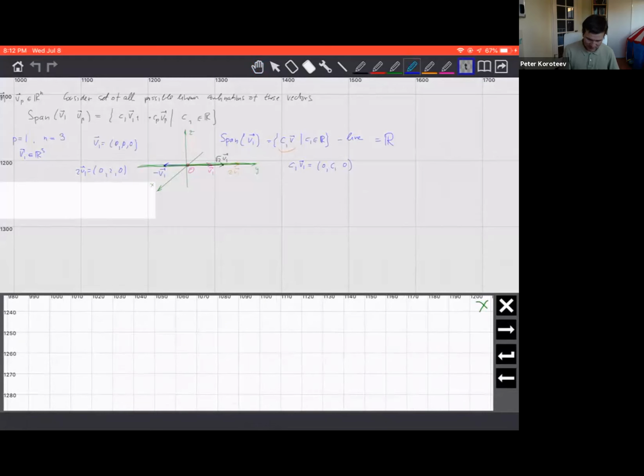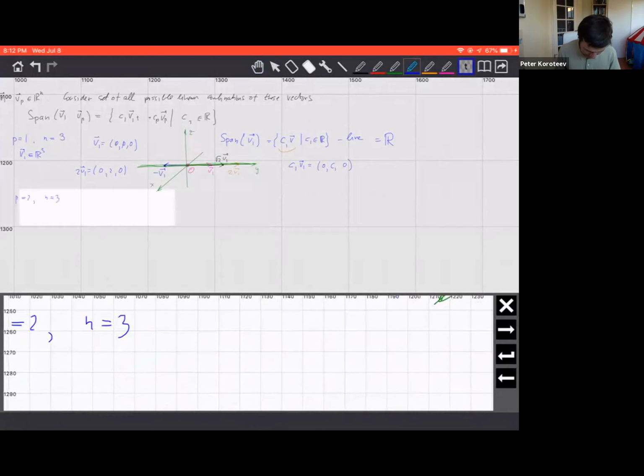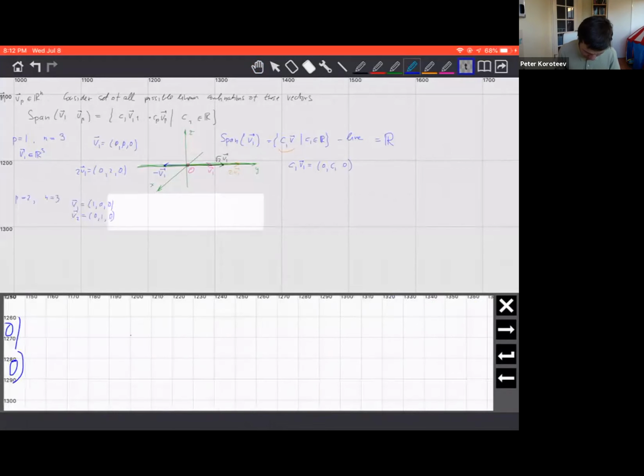Now let's keep p equal to 2, and then n equals 3. And now let's say we take 2 vectors, v1, which has coordinates 1, 0, 1, and v2, which has coordinates 0, 1, 0. What is the span of v1, v2? Describe this set.